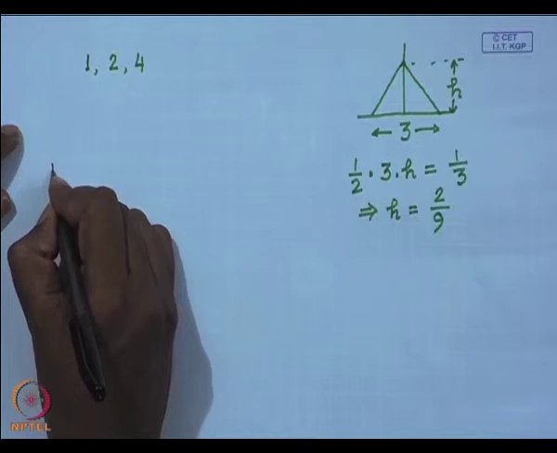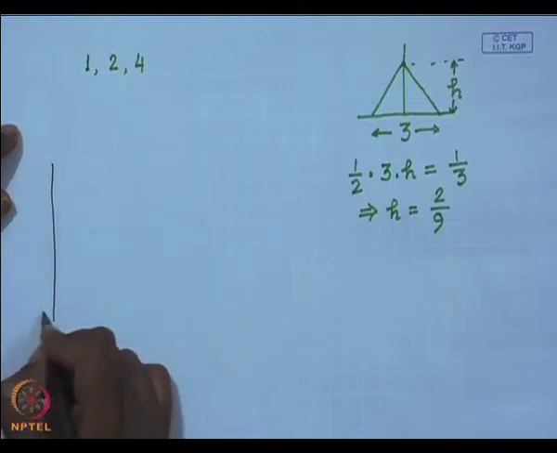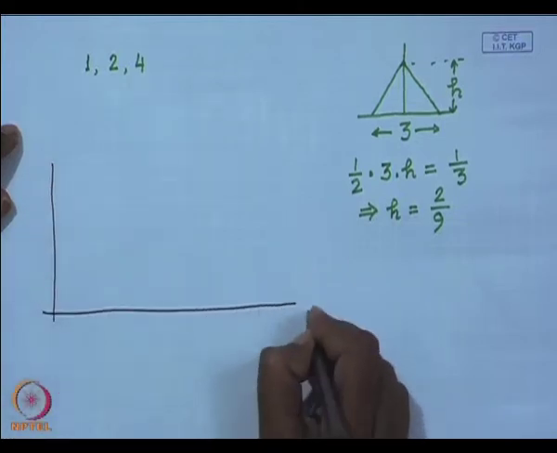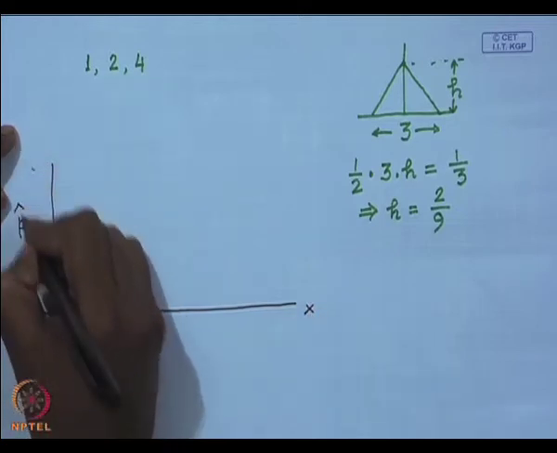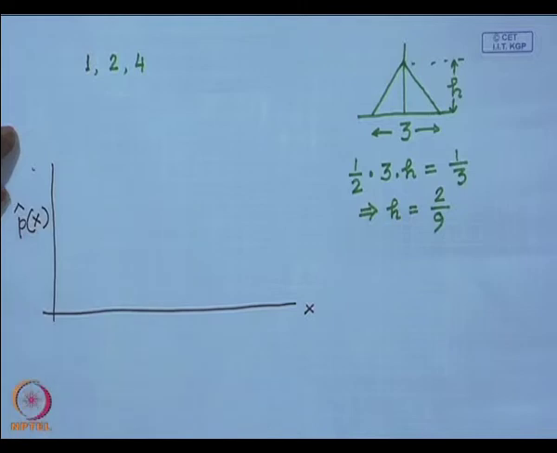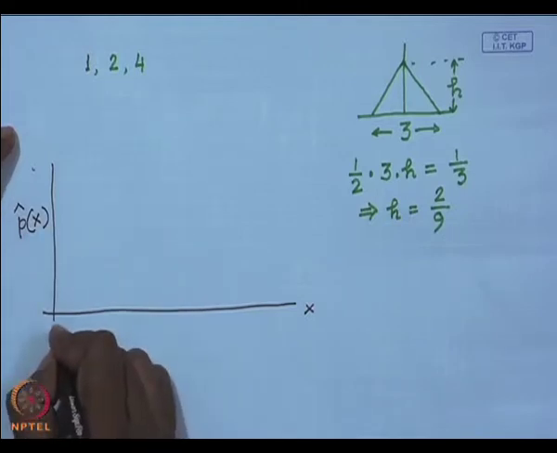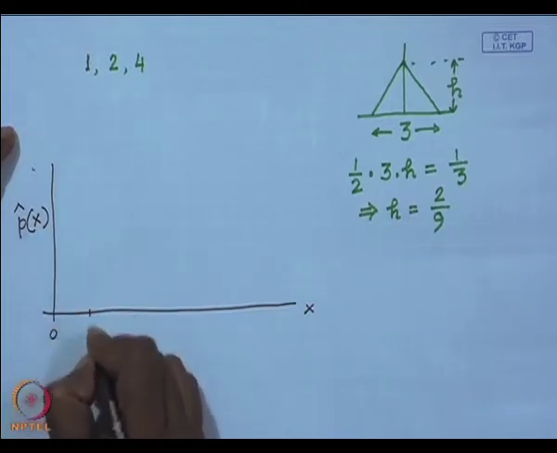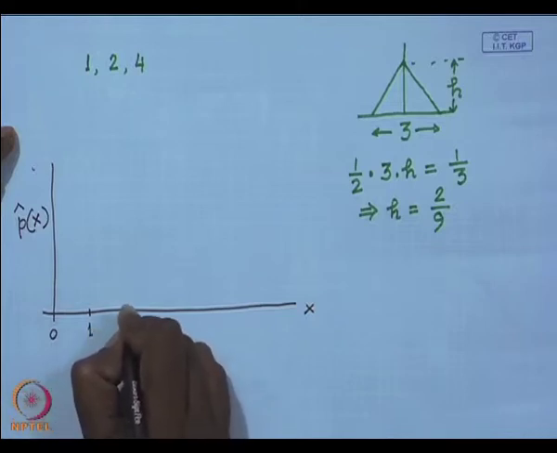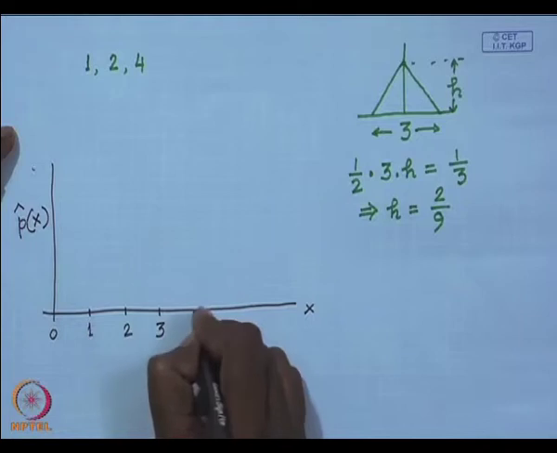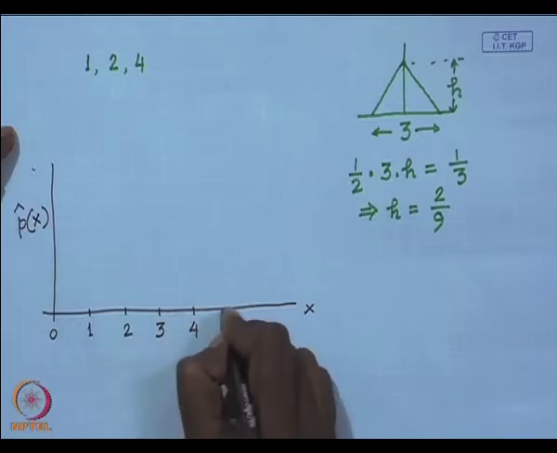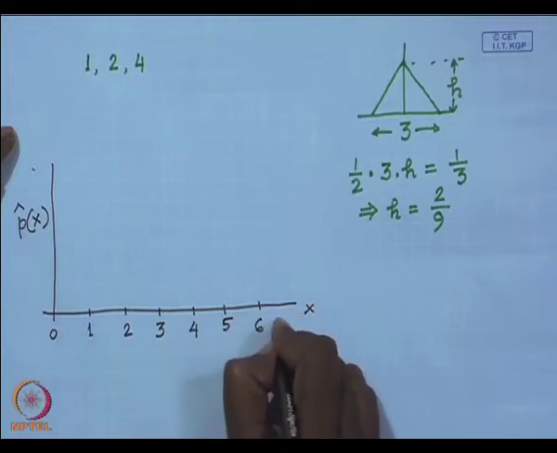So, again I put it the same way. This is x, this is the estimated probability density, p hat of x. This is x equal to 0, 1, 2, 3, 4, 5, 6 and so on.